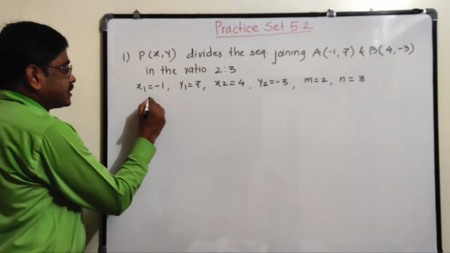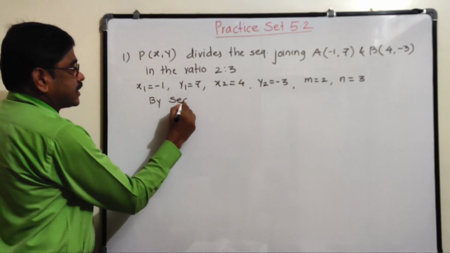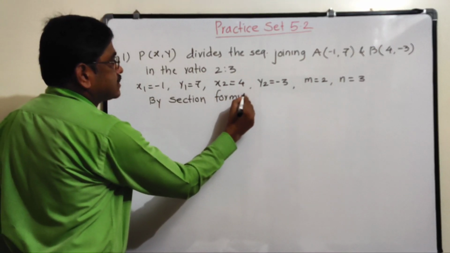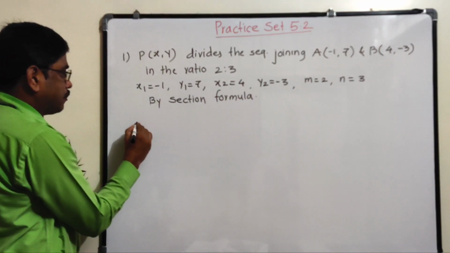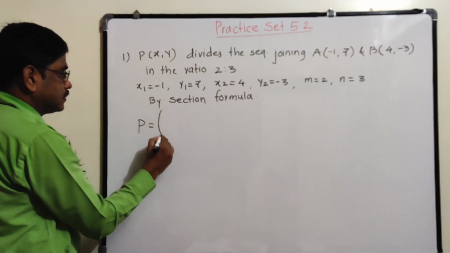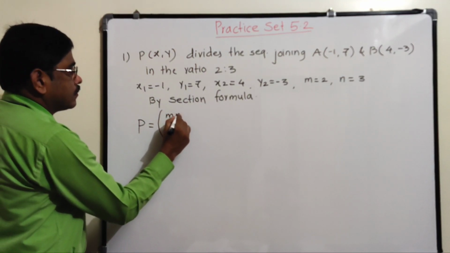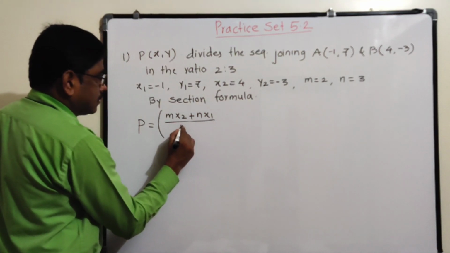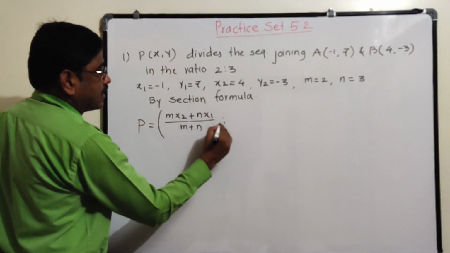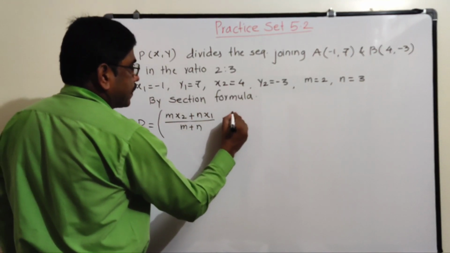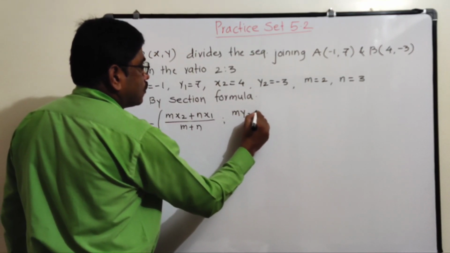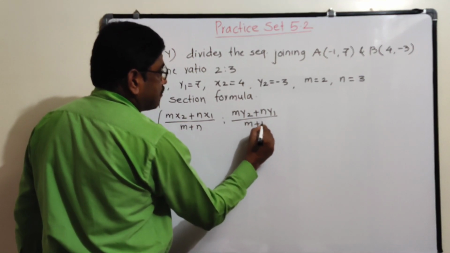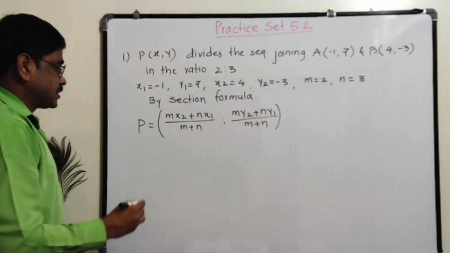Now by which formula? By the section formula. Here we have to use this section formula. So by the section formula, the coordinates of P equal (m x2 plus n x1) divided by (m plus n). Write the formula first. And the second coordinate, the y coordinate, (m y2 plus n y1) divided by (m plus n). Now substitute the values.